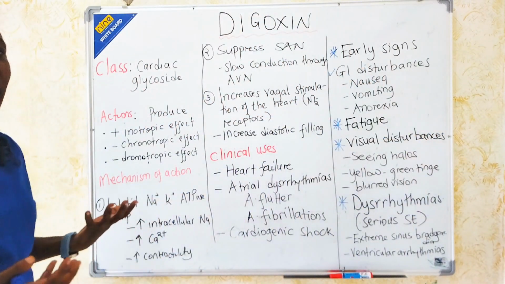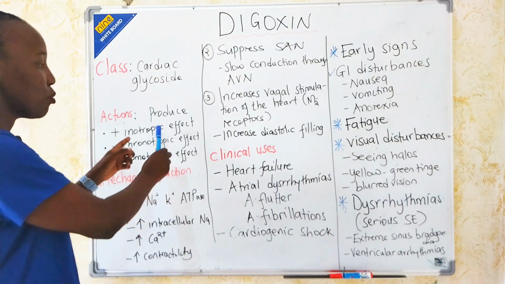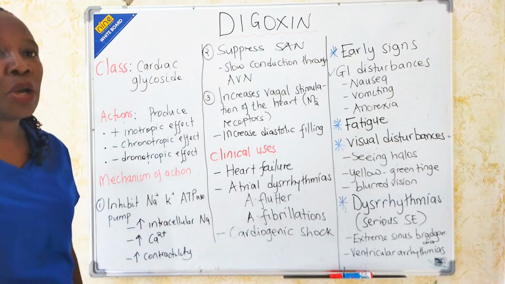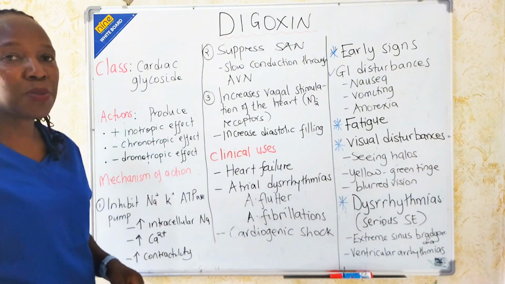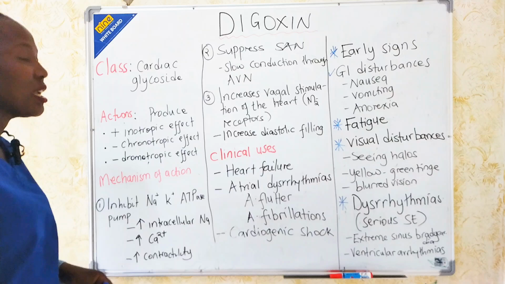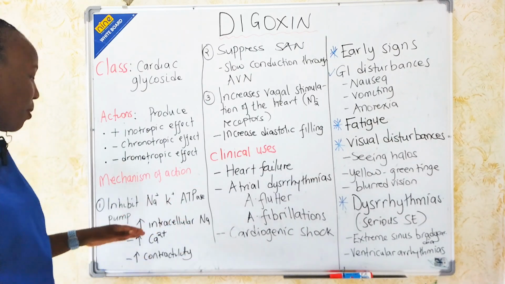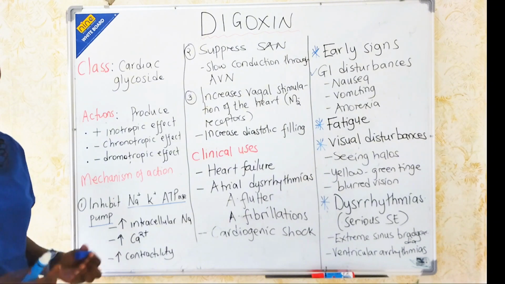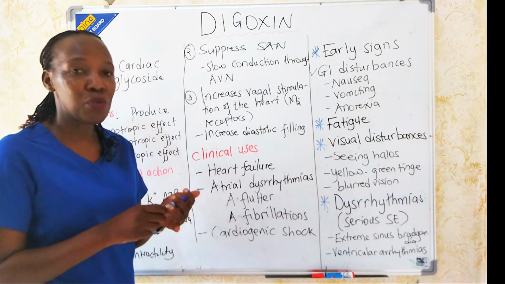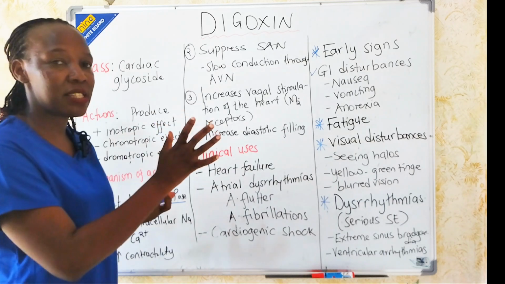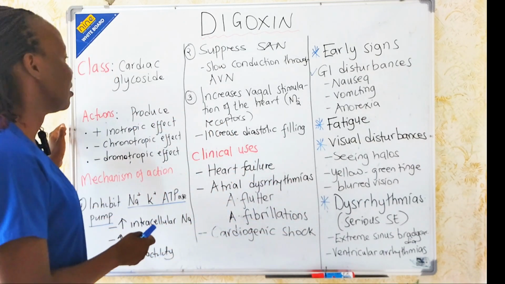The mechanism of action of digoxin is described according to what effects digoxin produces. So for the positive inotropic effects, digoxin is going to inhibit the sodium potassium ATPase pump. This pump is an enzyme, and this enzyme ordinarily is what pumps sodium out of the cell and keeps potassium inside of the cell.